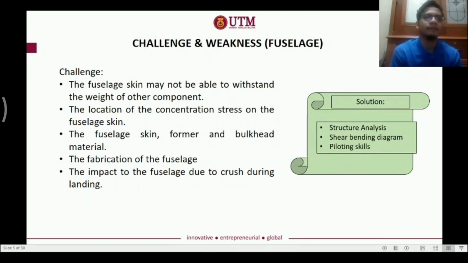Next challenge is the fuselage may crash because of impact during landing. So to solve this problem, we must give the piloting to a skilled pilot, not a first-time pilot.